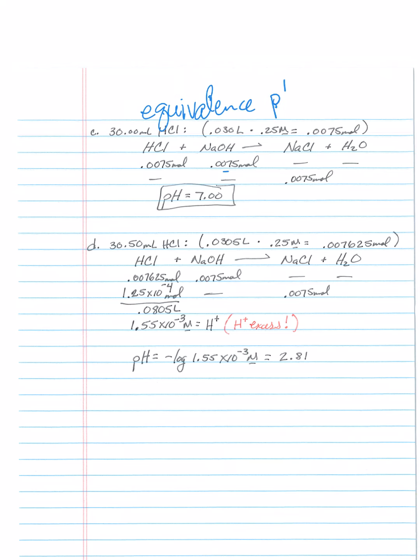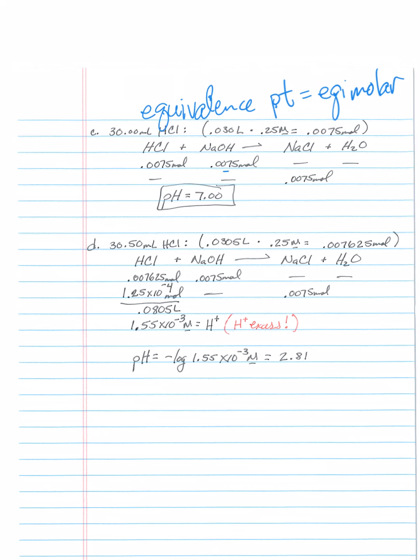That's the point where we have equimolar, equal number of moles of acid and base. At that point, if it's a strong acid, strong base, we're done. The pH is 7. No calculation necessary. Doesn't matter which strong it is. That's just the pH at equivalence. And we know that it's equivalence because we have nothing left over except a neutral salt.